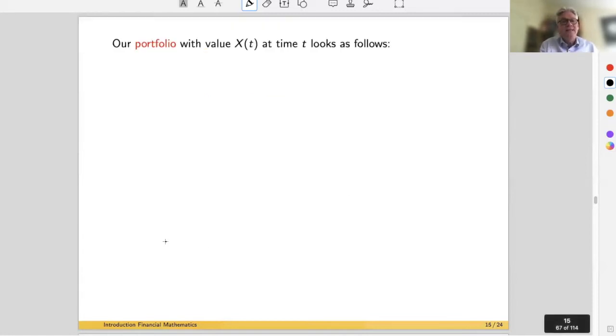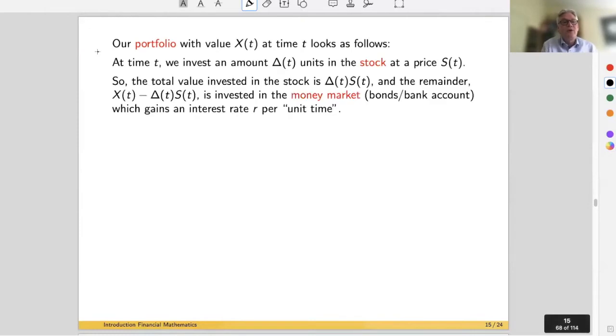Well, with this we can make our portfolio X. It looks as follows. Portfolio X at time t, we invest an amount delta t in the stock with price St. So part of our portfolio, delta t St, is in the stocks, and the remaining part, X minus delta t St, is invested in the money market.